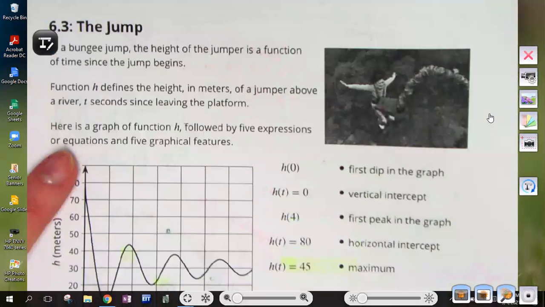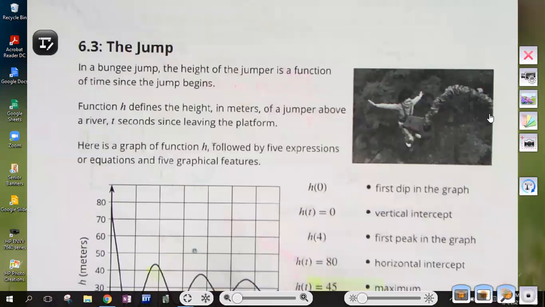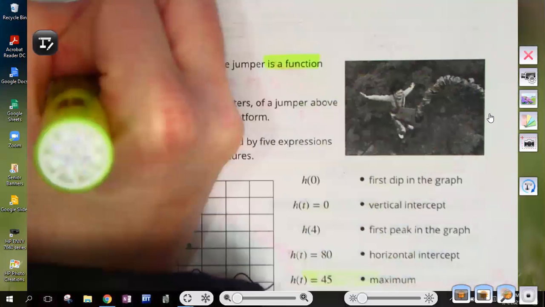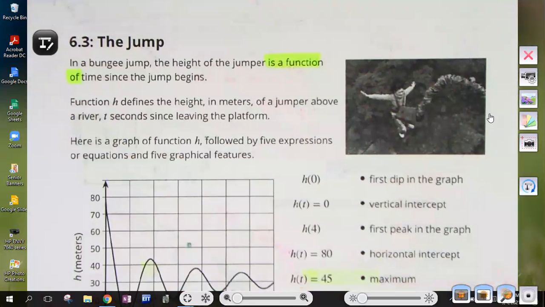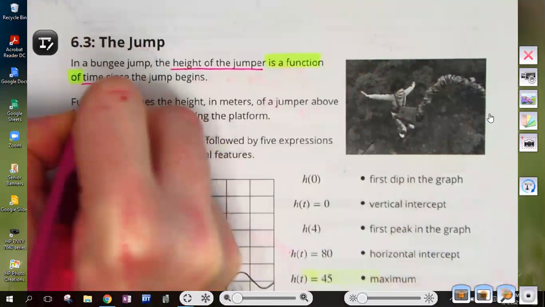All right, we have 6.3, the jump. It says in a bungee jump, the height of the jumper is a function of time since the jump begins. So there's that phrase again, is a function of. So what are my 2 variables that I'm working with here? The height of the jumper and the time.